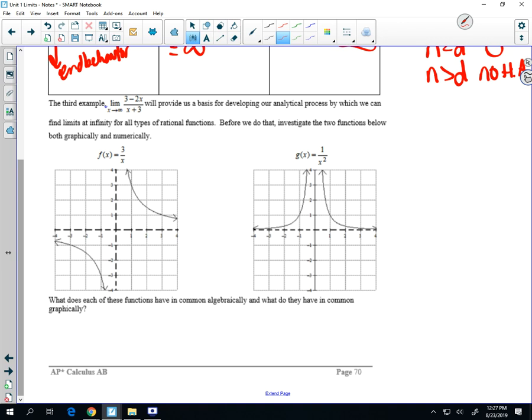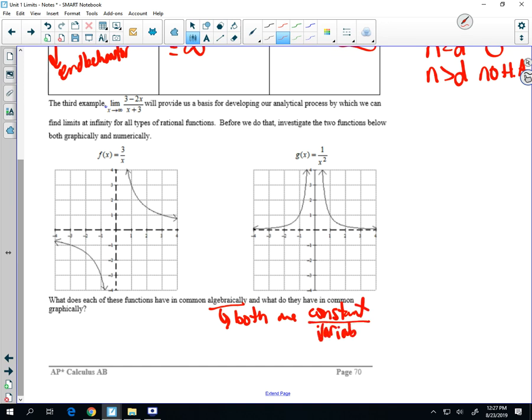So looking at this, what do each of these functions have in common algebraically, and what do they have in common graphically? Well, algebraically, they both have an x on the bottom and a number at the top, right? Algebraically, they both are a constant on the top over a variable on the bottom.